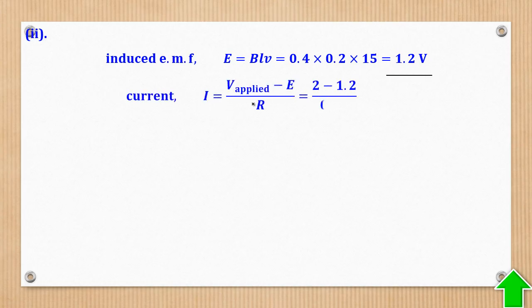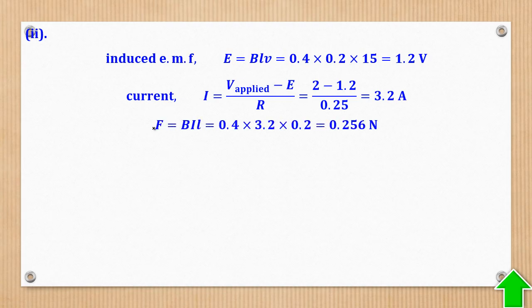Therefore current will now be V applied minus induced EMF, because they oppose each other, over R to give you this, which gives you in the end that. So induced EMF always opposes the change causing it, that's why it's subtracting. So F will now be BIL, but this time I has changed to this, and that is it.